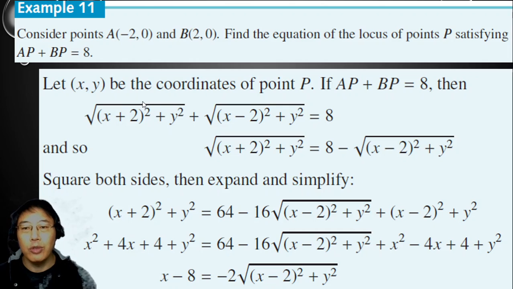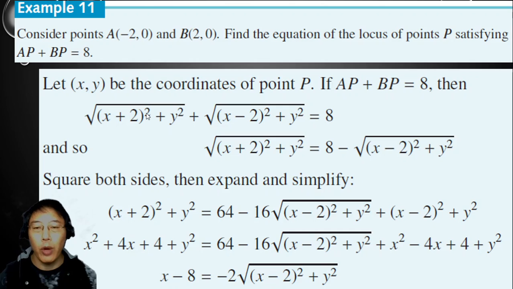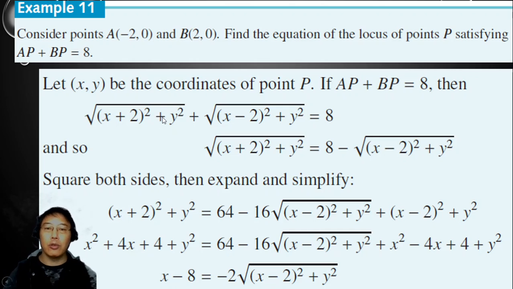What we used to do, when you have a square root on one side, is just square the whole equation. But the way it is now, if you square all of that as a perfect square, you have two terms that will be squared, which is fine, but you also have twice the product of those two, which will still give you a square root.